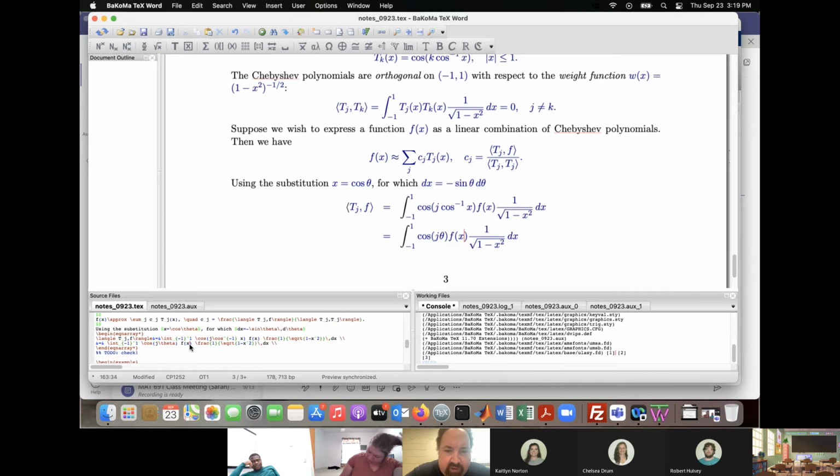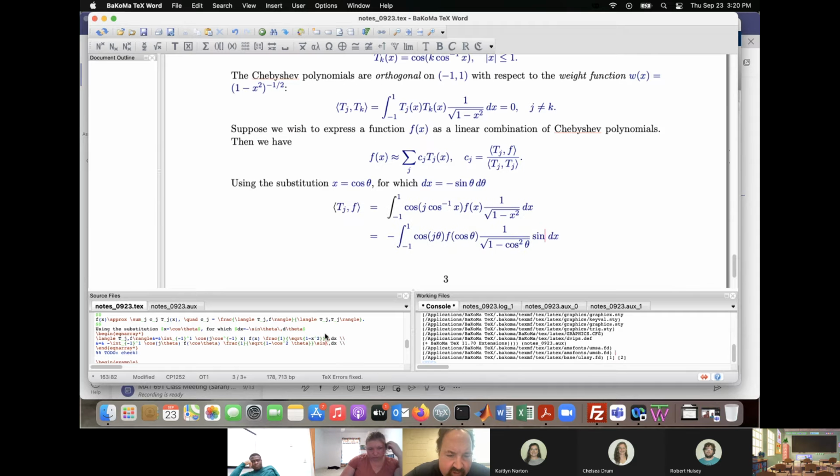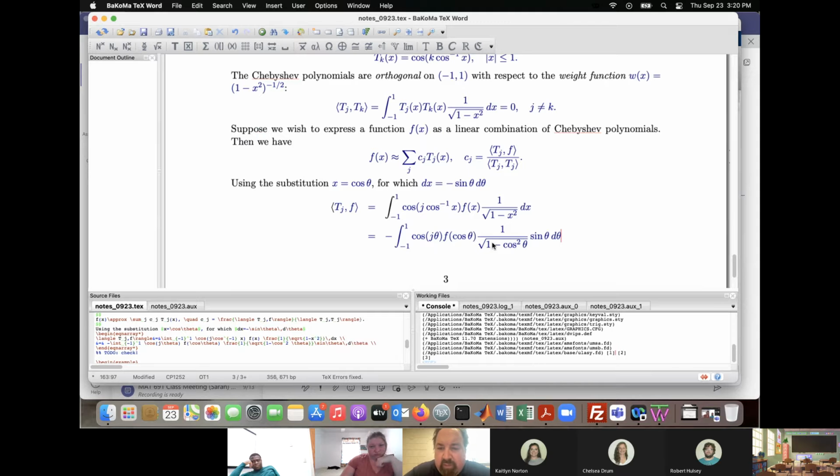x will be cosine theta. And then here I have 1 minus cosine squared theta, and then dx is equal to minus sine theta d theta. But 1 minus cosine squared is sine squared. So now I have 1 over sine theta in this fraction, which cancels with the sine theta here.